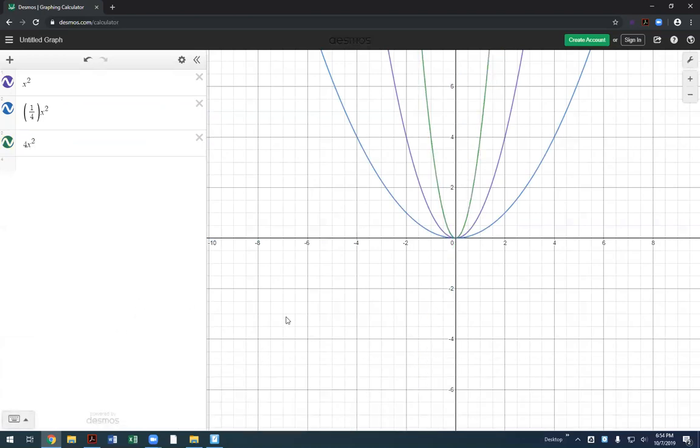Okay, so it's hard to see, but you have the purple, which is the original function. You have the blue, which is the shrinking, and the green is the stretching.